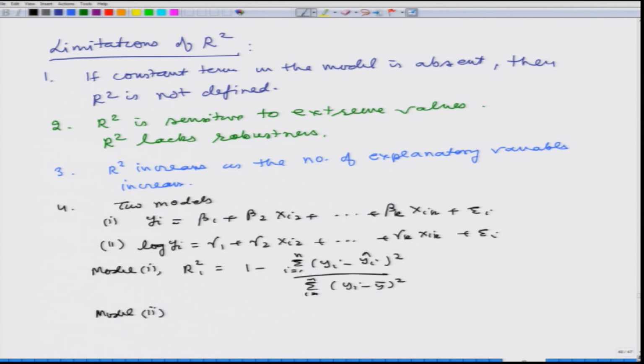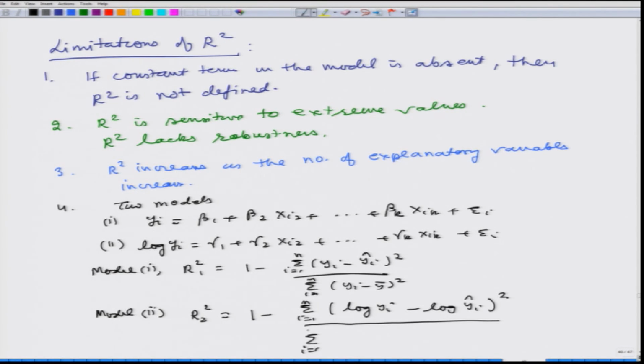For example, one simple option, I am not saying this is the only option, there can be many other options, is 1 minus the summation i from 1 to n of (log of yi minus log of yi hat) square, divided by the summation i from 1 to n of (log of yi minus log of y bar) square. Here someone may argue that instead of taking log of y bar, he would like to consider the arithmetic mean of the log of yi's, that is, first take the transformation and then find the sample mean.